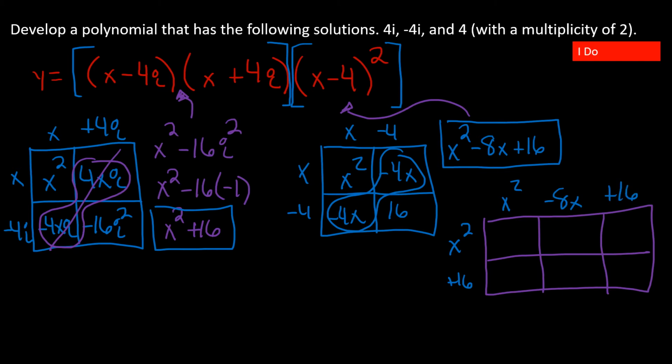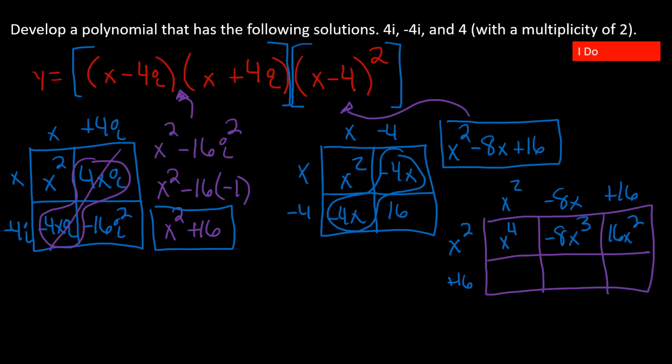So x squared times x squared is x to the 4th. x squared times negative 8x is negative 8x to the 3rd. x squared times 16, okay, is 16x squared.